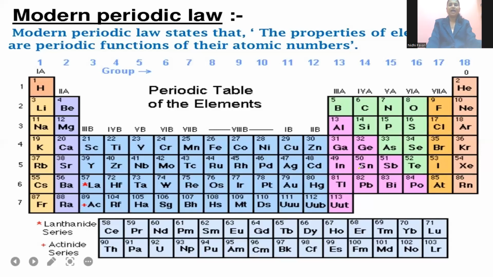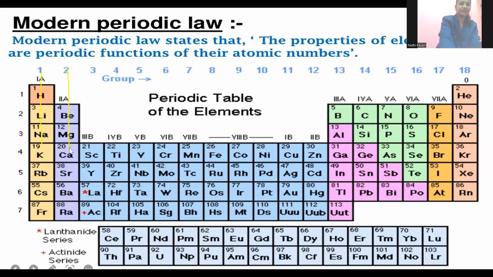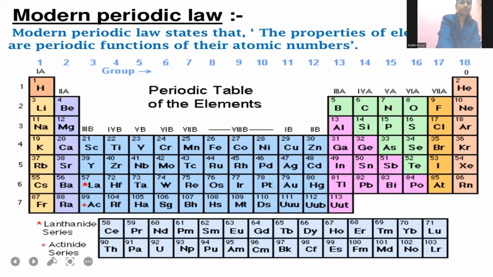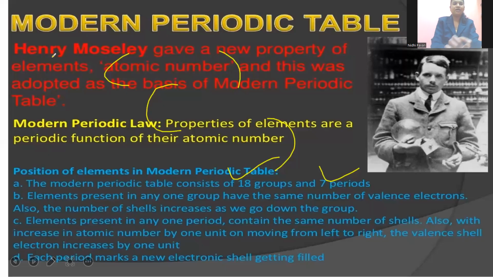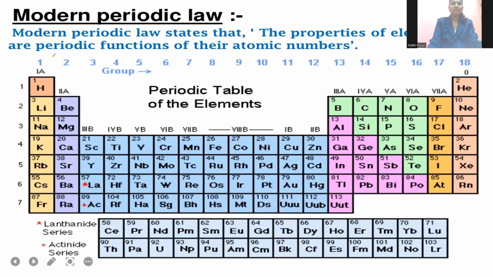So here, as you can see, 18 groups are there and 7 periods are there. Elements present in any one group have the same number of valence electrons.